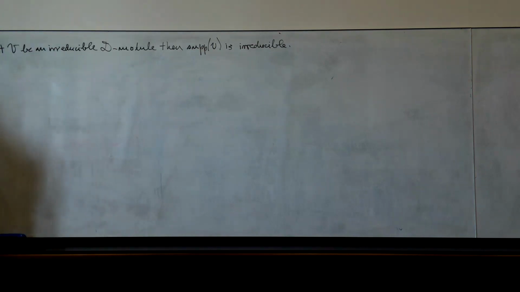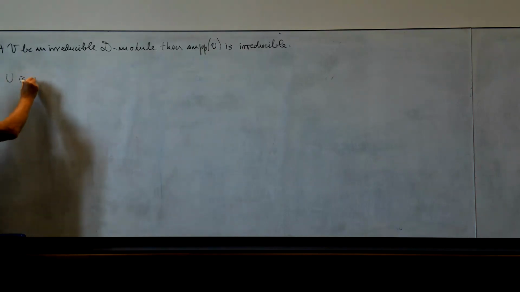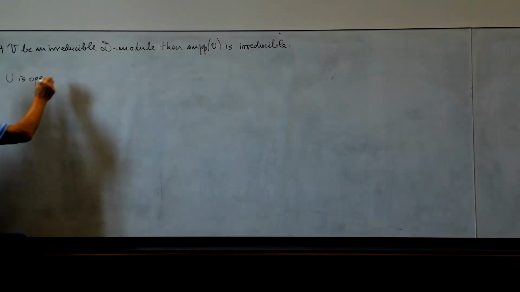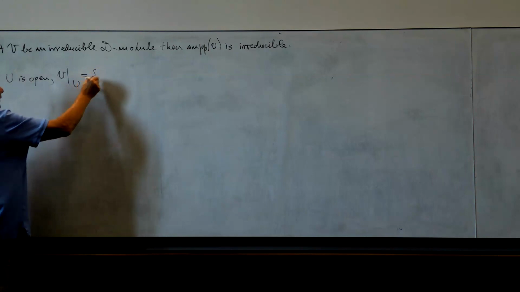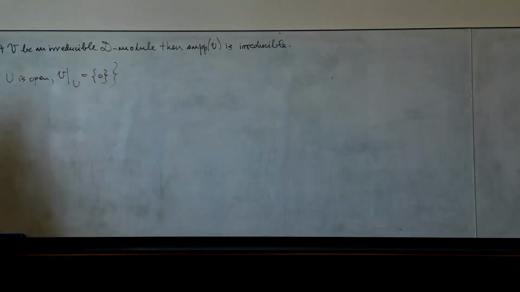So I can look at the collection F of all U in X, U open, and M restricted to U is 0.